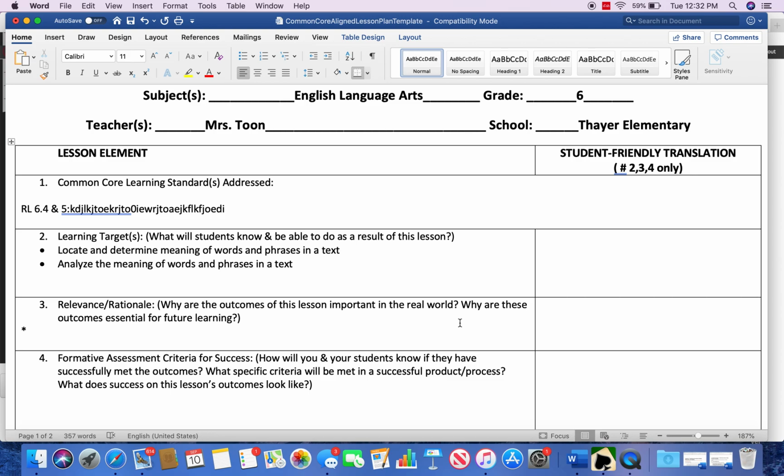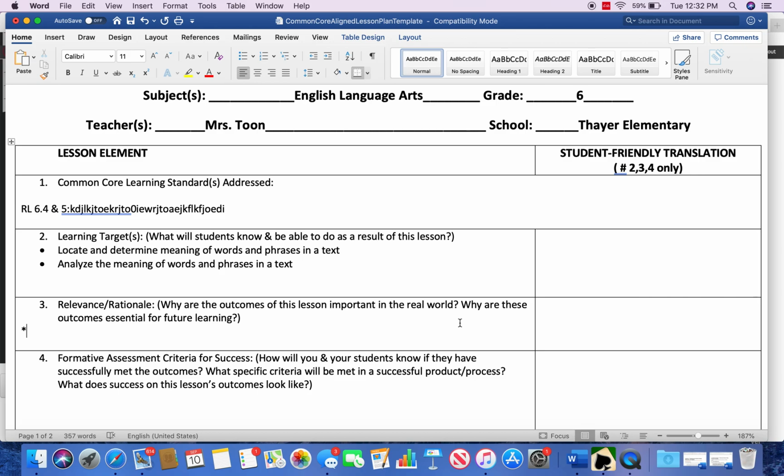Also, in their science textbooks, in their social studies textbooks, they're going to have to be able to read the information and know what it means, pull out the tone of the situation, and then analyze what is actually going on in that situation.